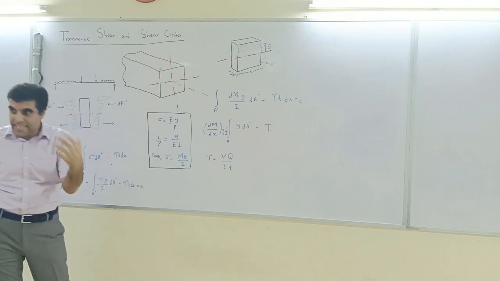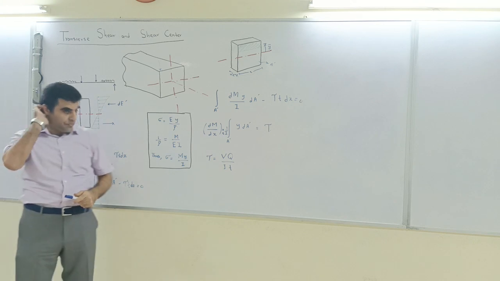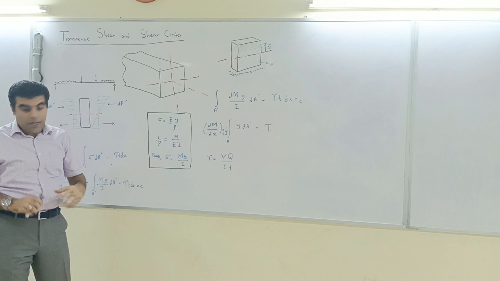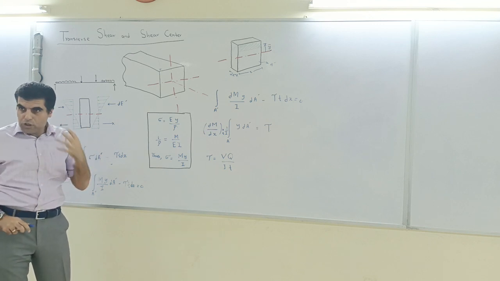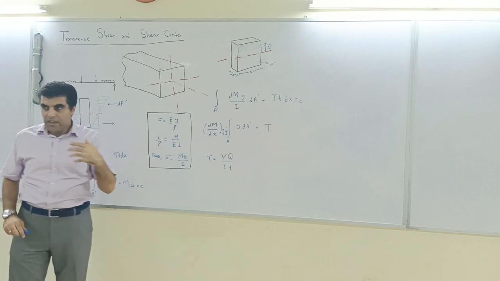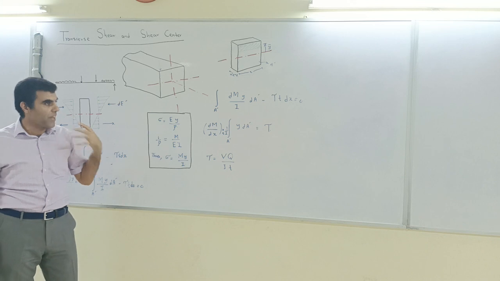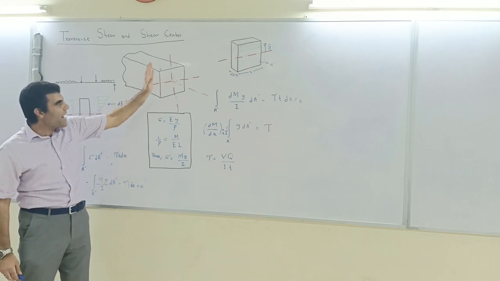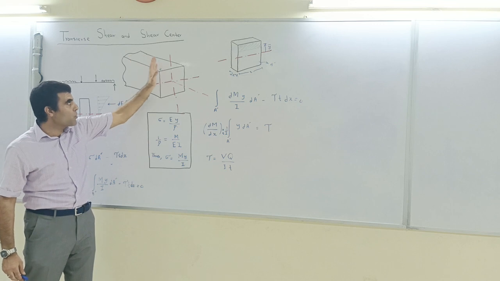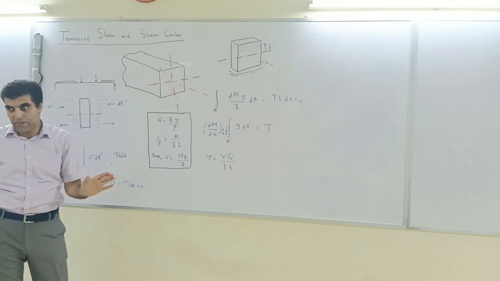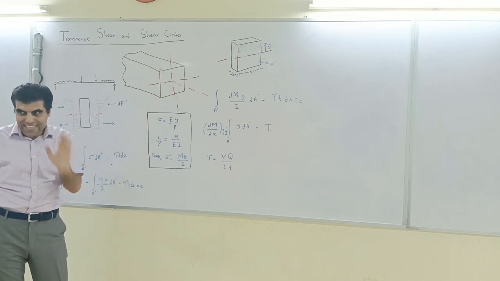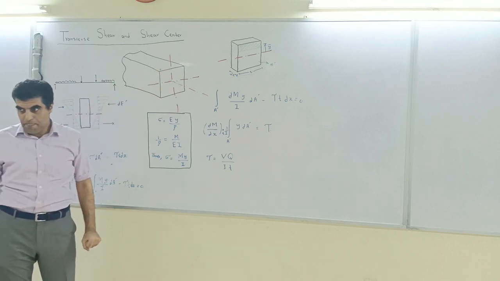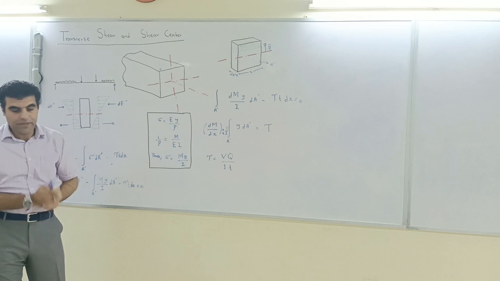Because I would have twisting, and then this cross section can deform, which we don't want. We don't want to introduce unnecessary secondary forces. Okay. So we had a discussion that we should apply load always on the principal axis. And the principal axis is that axis where if you apply the load, that would avoid twisting of the cross section.